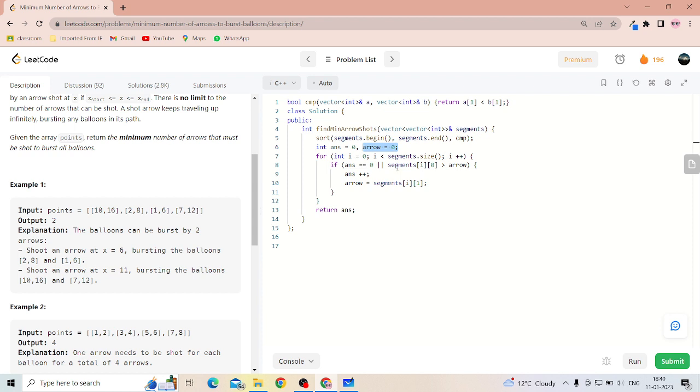Otherwise, if the starting point of the next balloon is greater than the arrow, we have to take one more arrow, so we say answer plus plus and update the arrow's position. At last we return the answer.